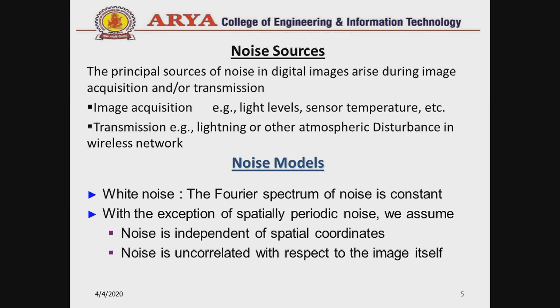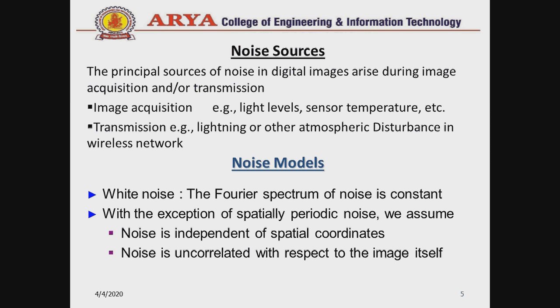In transmission, the disturbance can be atmospheric, or in the wire system where data is transmitted. It can be thermal noise, Gaussian noise, or noise like lightning and thunder, and other problems.